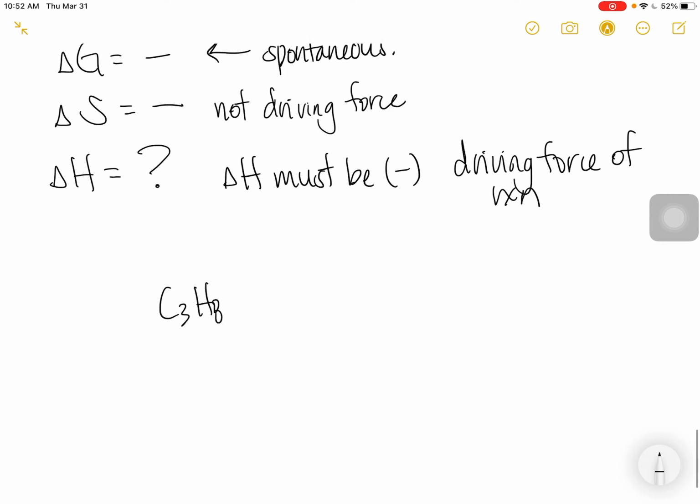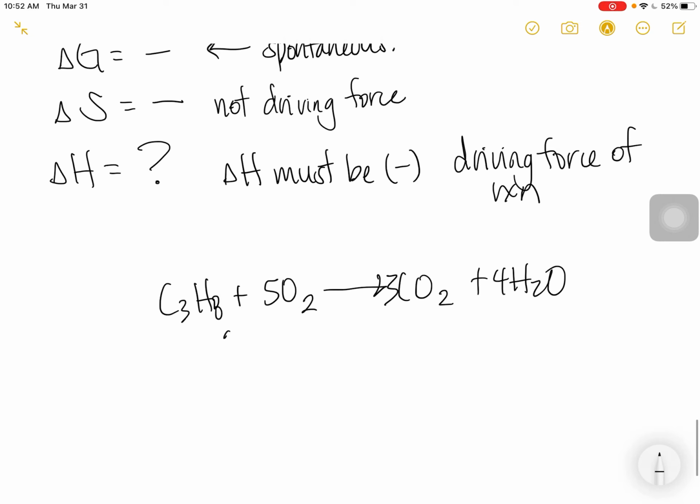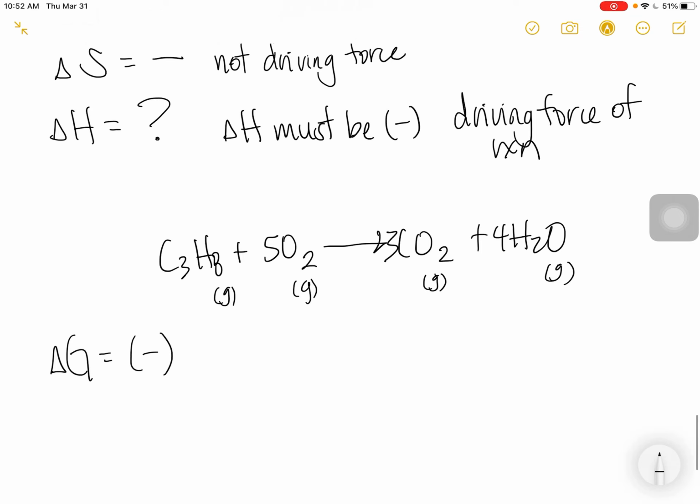Okay, let's do one more example, and I'm going to give you the same reaction we saw a minute ago. I'm going to tell you that this reaction is spontaneous. And I want to know what the driving force of the reaction is.